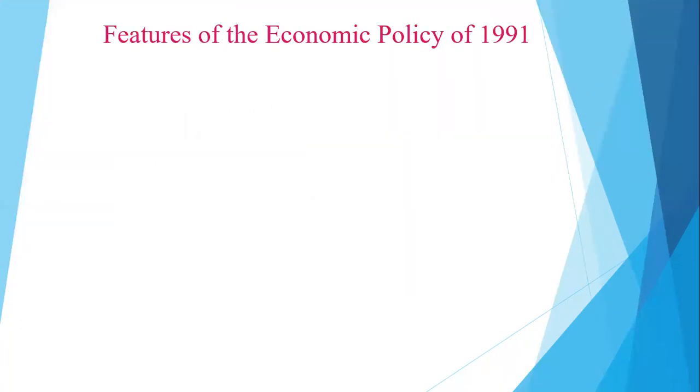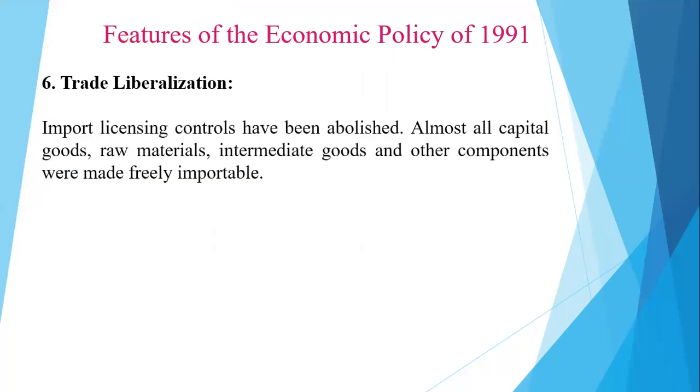Now, number 6, trade liberalization. Import licensing controls have been abolished. Almost all capital goods, raw materials, intermediate goods, and other components were made freely importable.